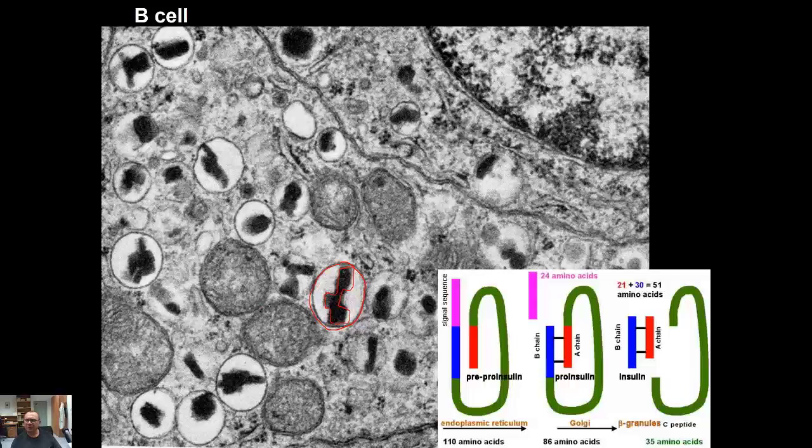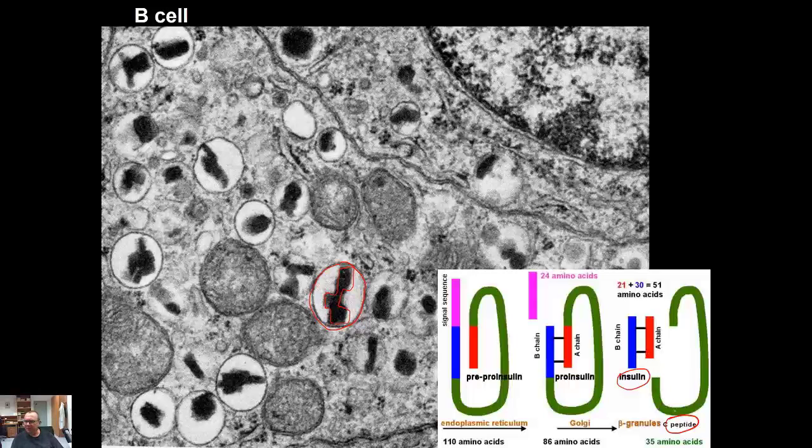Insulin contains not only one peptide, but in fact three chains. Two of them, the B and A chains, are connected by disulfide bonds, and they represent the proper insulin. And there is also the so-called C peptide, which is longer than each of these peptides of the insulin.